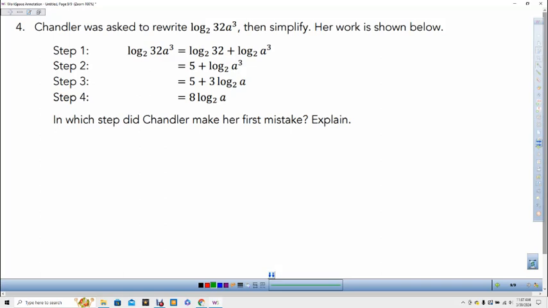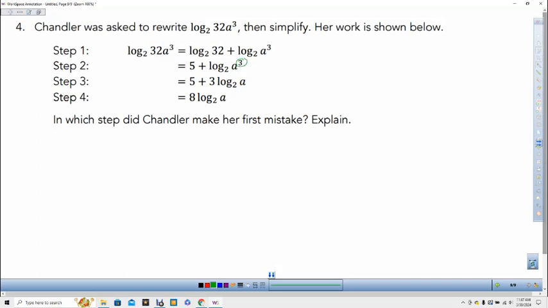All right, so up here, we go from log base 2 of 32a cubed, and she splits up the 32 times the a cubed. That's good. Log base 2 of 32 is 5. That's correct. Didn't do anything to the second log in the second step. So correct there. And then in the third step, we've got 5 plus 3 log base 2 of a.